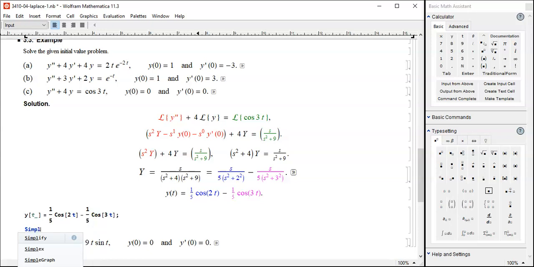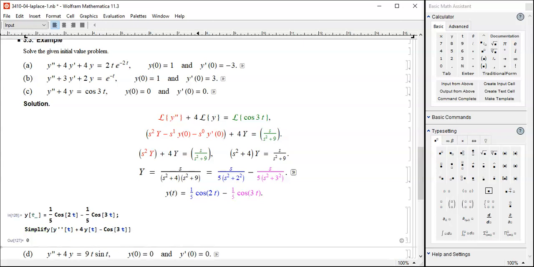And then let's simplify the given differential equation: second derivative plus 4 times the original, minus cosine of 3t. Left-hand side minus right-hand side, and yes, we got 0. So the solution satisfies the given ODE.